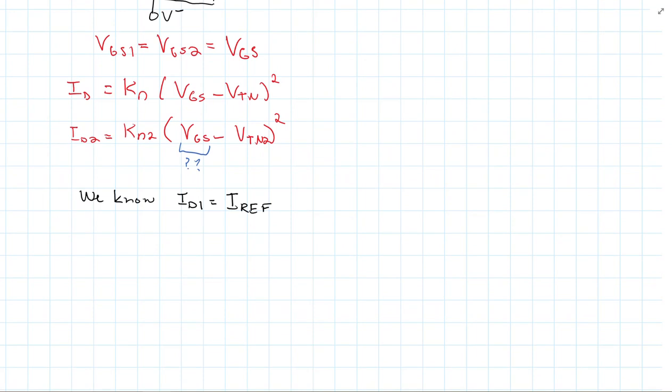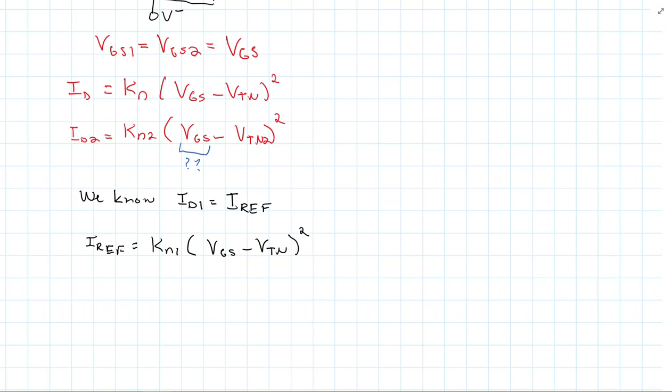Alright, so let's go ahead and write an equation for Iref here. So we have that Iref is equal to Kn1 times VGS minus VTN squared.